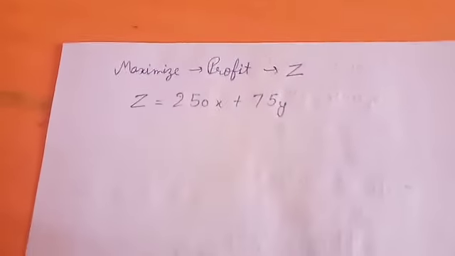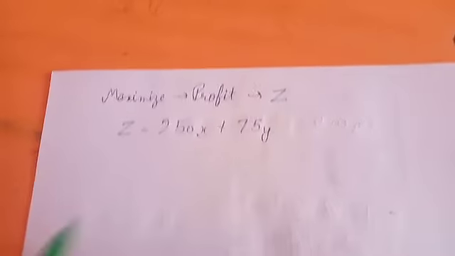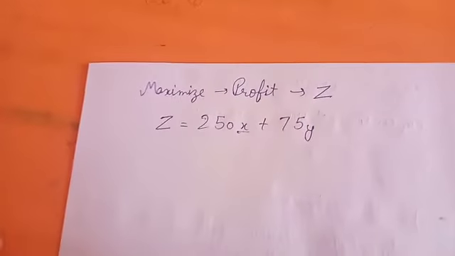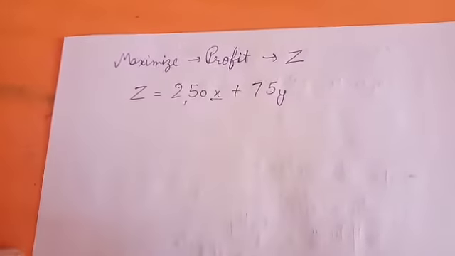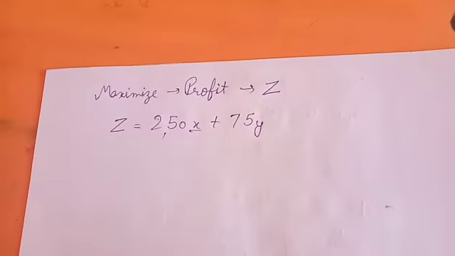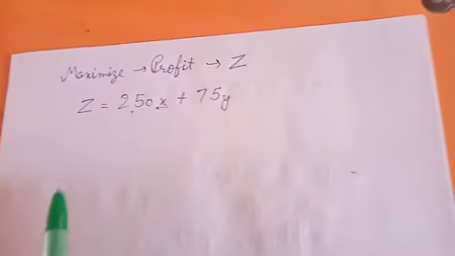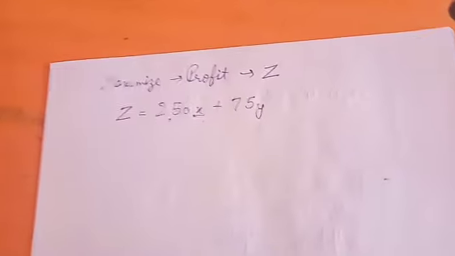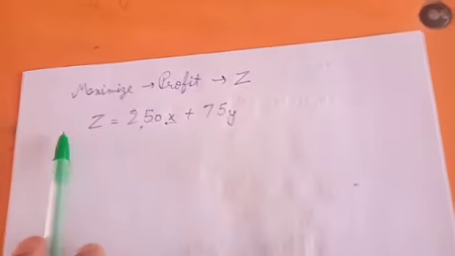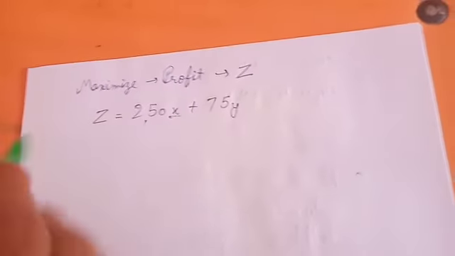Why is it so? Because he buys x tables and 250 is the profit on one, so on x tables it will be 250x, plus he buys y chairs and the profit on each is 75, so the total profit he will have is this.